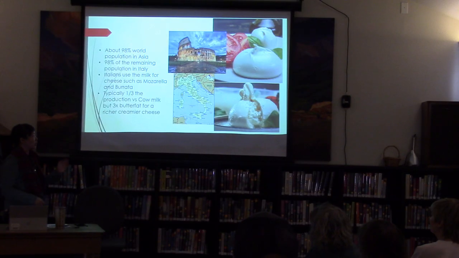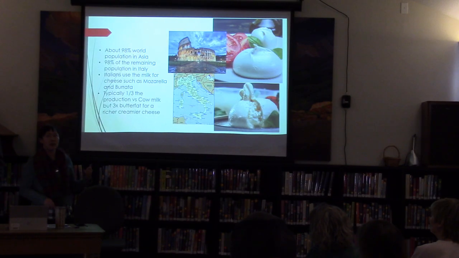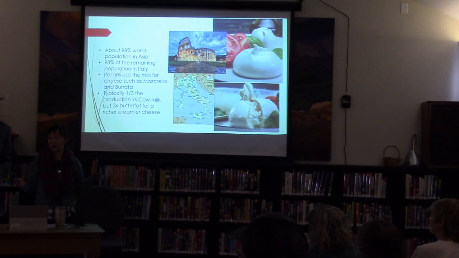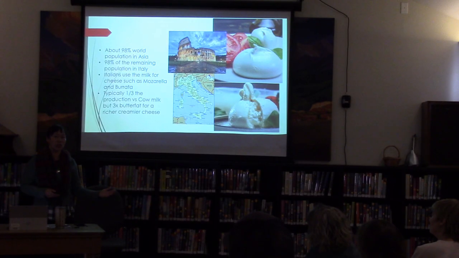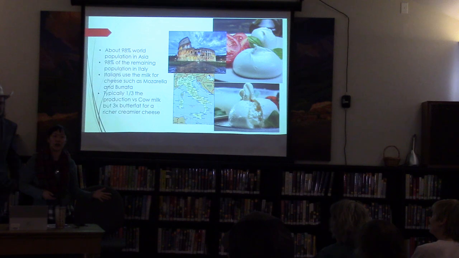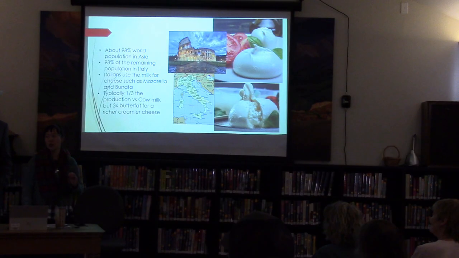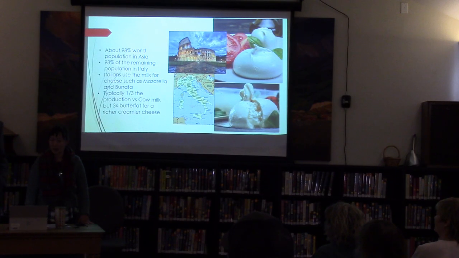There are some cool videos out there of this Italian producer. Their whole operation is making mozzarella di bufala, and the typical production is about a third of cows. That's not really the case on our farm, but most commercial dairy cows produce quite a bit. I've heard they can produce 16 gallons in a day, some of those Holstein cows.